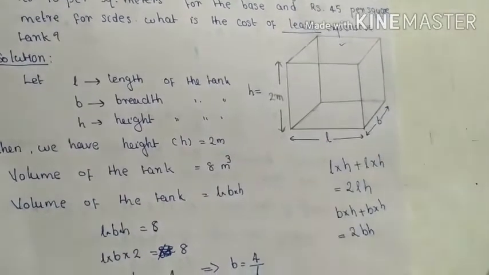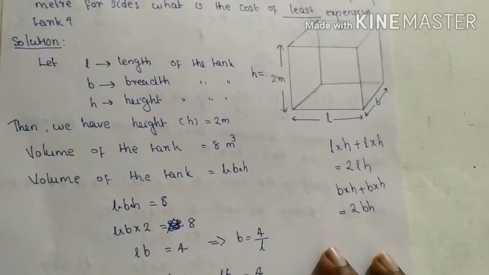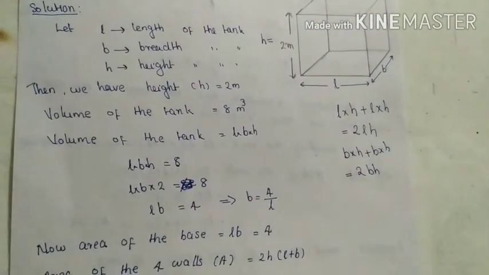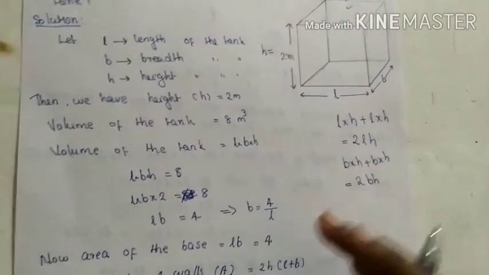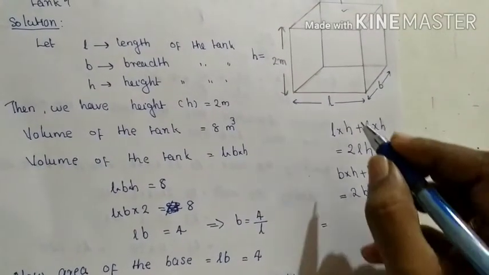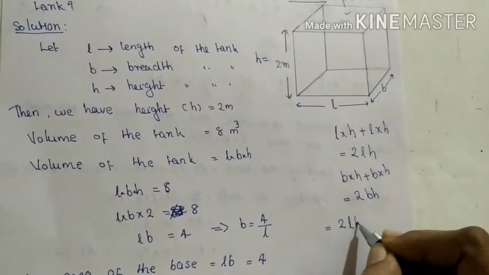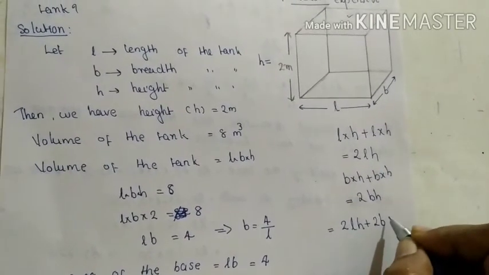Area of these two sides is equal to 2BH. We need to calculate the area of 4 walls, that means adding these areas, we get area of 4 walls as 2LH plus 2BH.